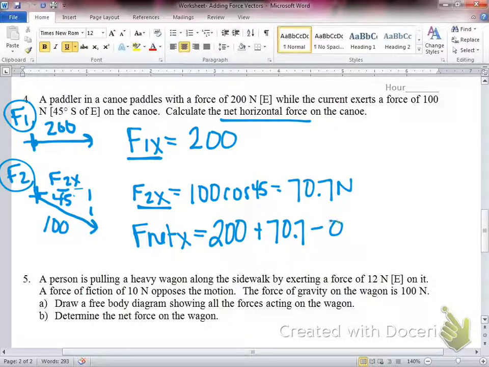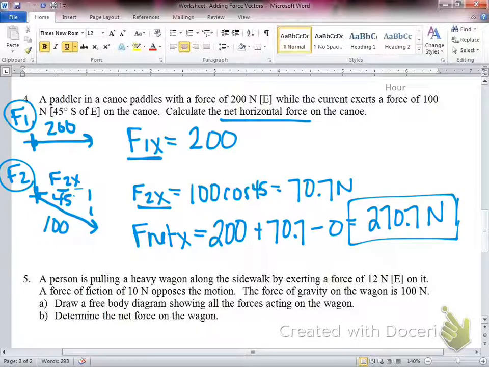No. So you can put a -0 there if you want. You don't have to. But if that helps you know that you accounted for it, then great. That's our net force in the horizontal direction. That's all that we were asked for.